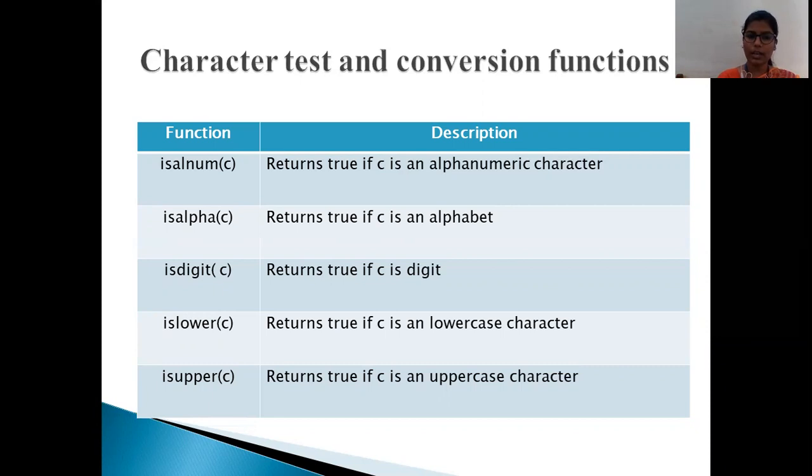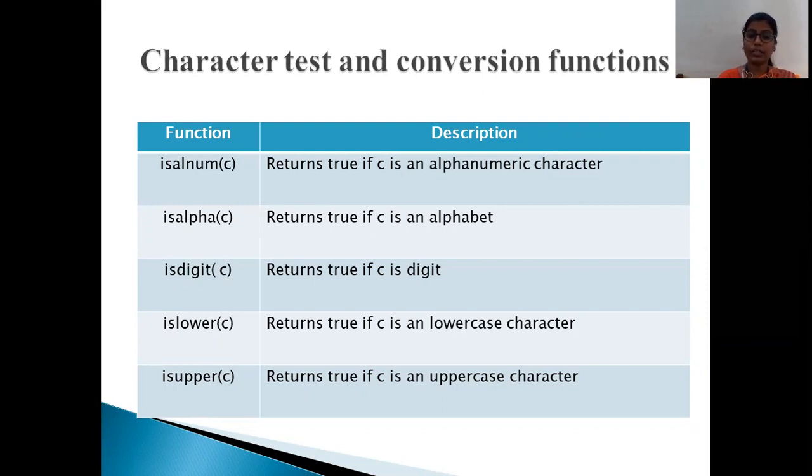First is isalnum, which checks if the character c is alphanumeric. Alphanumeric means a collection of characters as well as digits. It returns true if c is an alphanumeric character. Another is isalpha, which returns true if c is an alphabet.